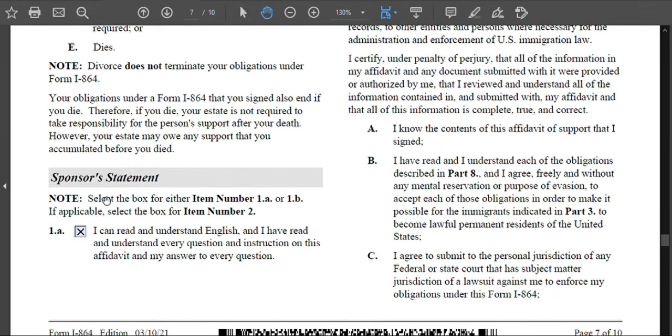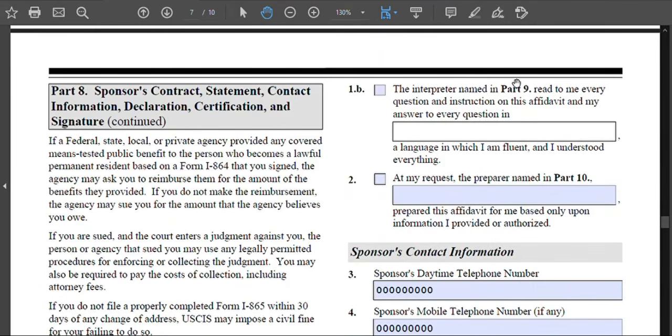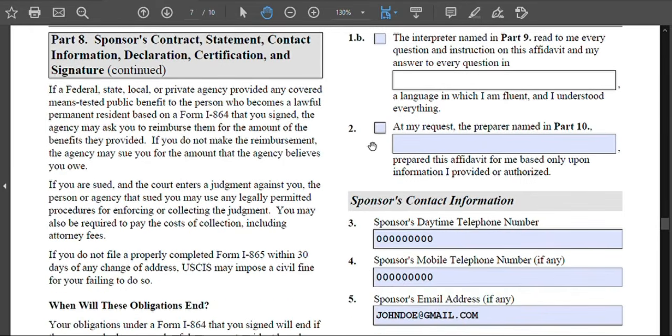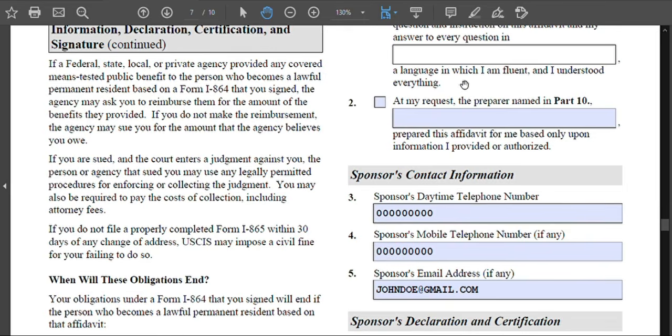Next, you will have to select one of these: either that you can read and understand English, or if you required help of an interpreter to read the questions and instructions to you, you can select this. And then question 2, if somebody else prepared this form for you, you obviously will need to select this.